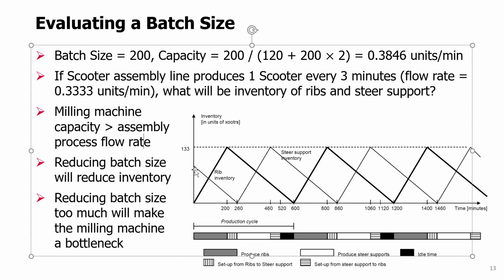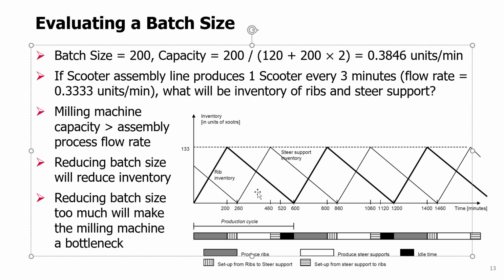And then remember, we should have the inventory from the previous batch of the steer support. This is in a steady state, right? And of course, we are also consuming the steer supports, which are not produced during these 200 minutes. Then we have a setup for the ribs. The setup will take 60 minutes, and during this setup the ribs are already being consumed. When we produce the ribs, the steer supports are being consumed, and again, the steer support is produced and consumed at the same time.